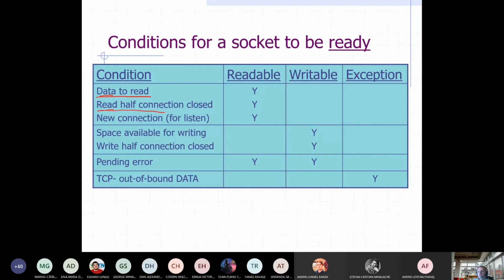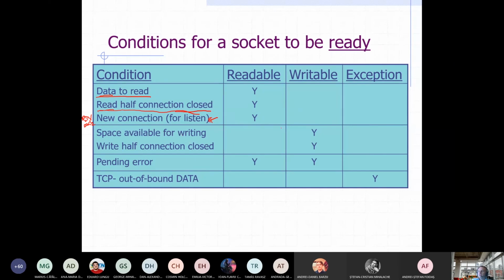And when a new connection is available, if this is a rendezvous socket, basically, you put it as a rendezvous socket into a readable set, and whenever there is a new incoming connection on it, select will return telling you that you can do accept now on that socket, and it will return immediately a new connection to you, a new socket that can be used to handle that client.